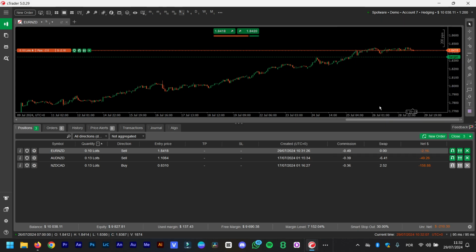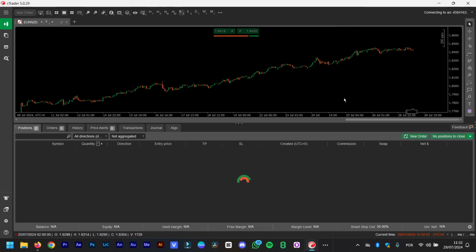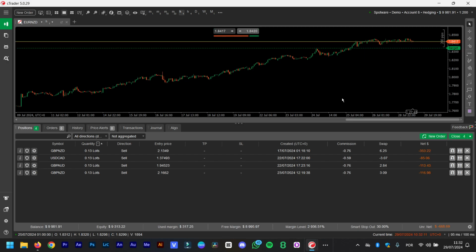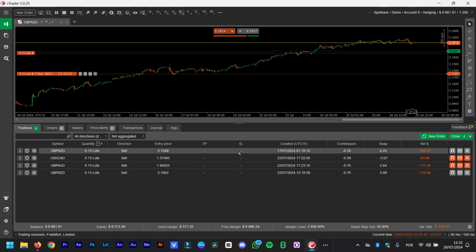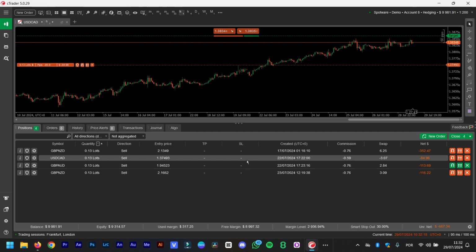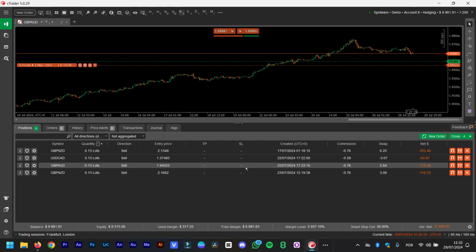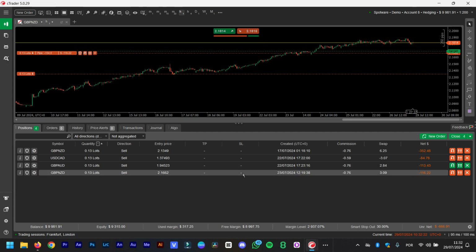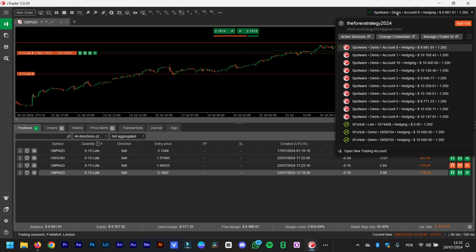Account number 8. This one's going negative. USD CAD negative, GBPCAD negative, and GBPNZD negative, and the margin level is at 3,000%. Nothing to do in here but wait. I'm not gonna open more trades for now.